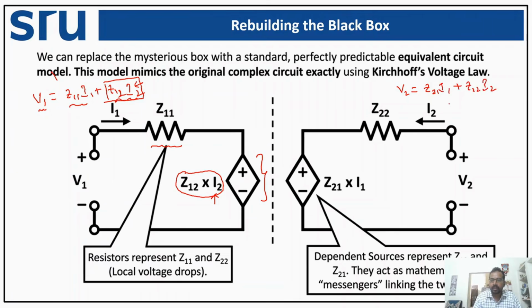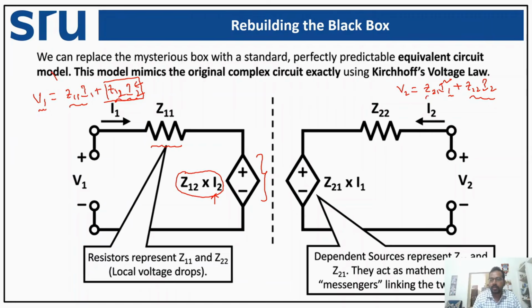Whenever we apply the voltage source V2 here, the current flows through this element. As a result, we have a voltage drop of Z22 I2, and we have another term, this is I1. Here, the current at port 1 relates to the voltage at port 2, so we need a dependent source.